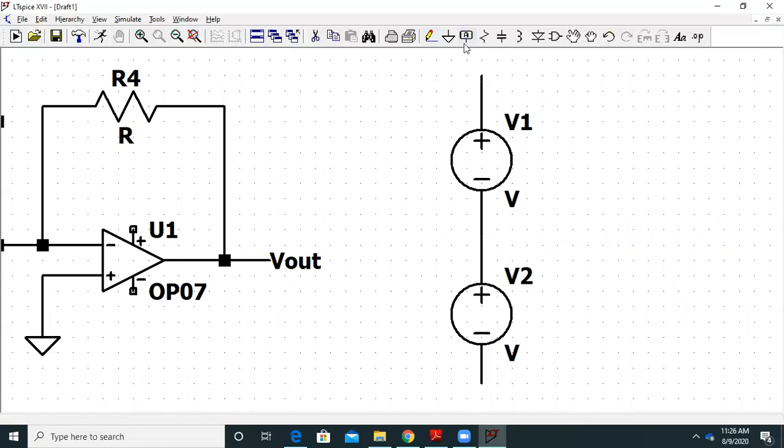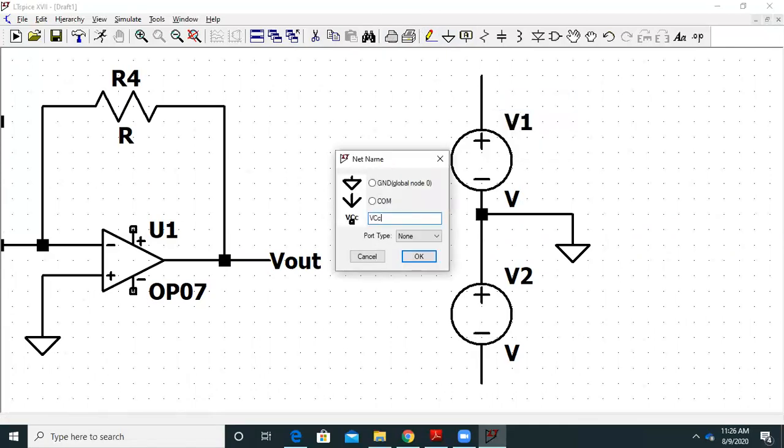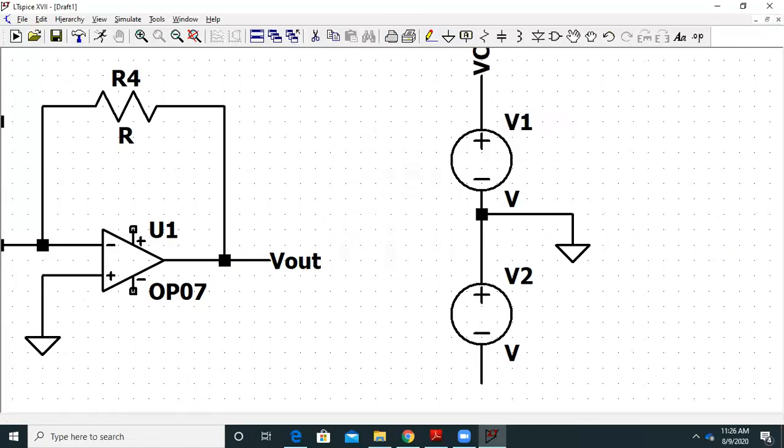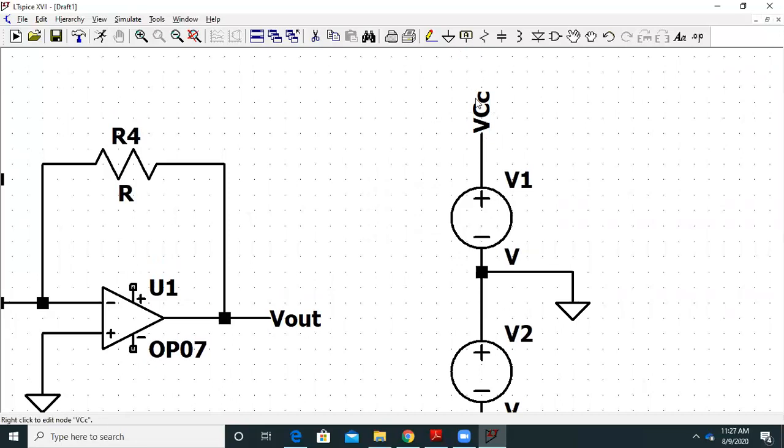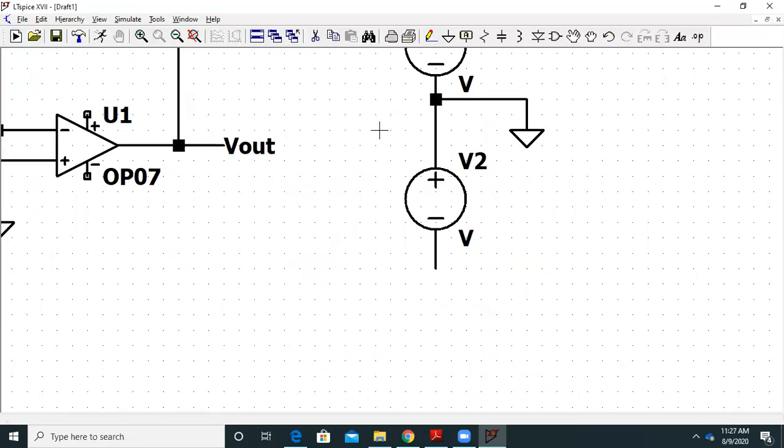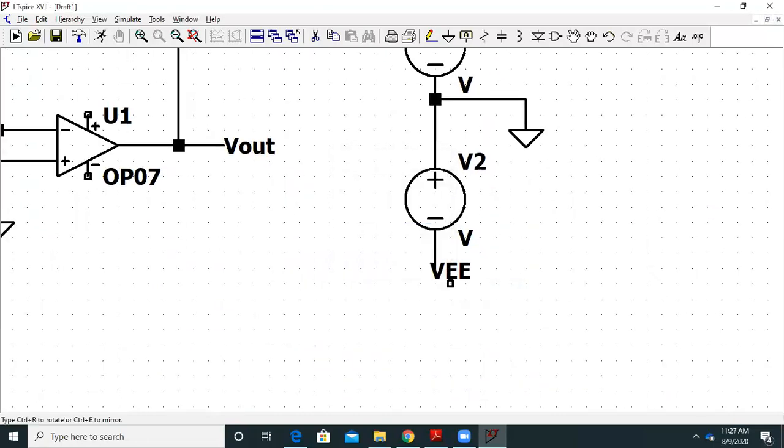Okay, so now we add a common ground like this over here. Do the connections to the common ground, and then label the upper node as VCC, and the lower node as VEE for the negative voltage. So this is my VEE.